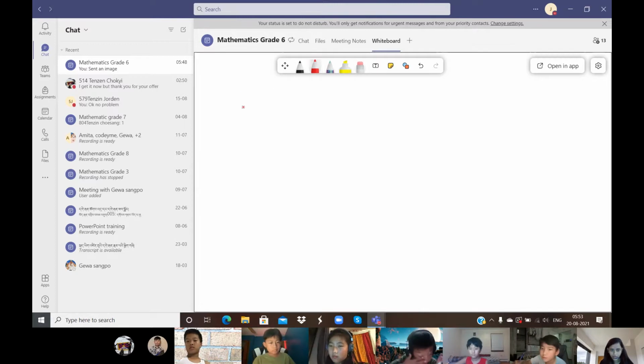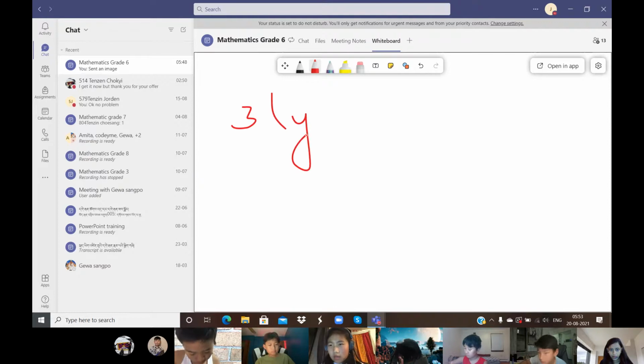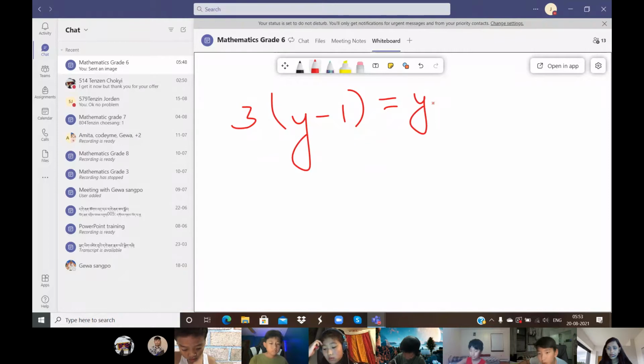The second one is 3 bracket y minus 1, bracket closed, is equal to y minus 11.